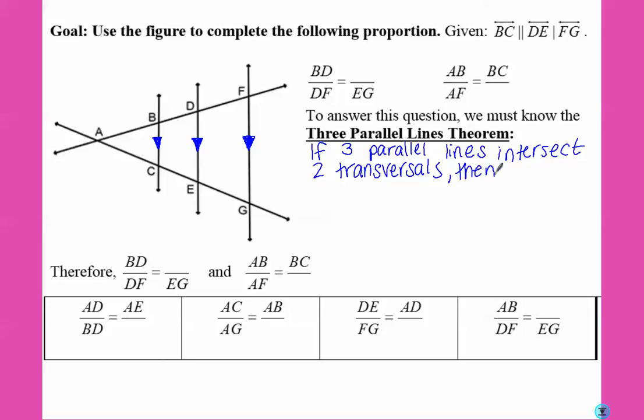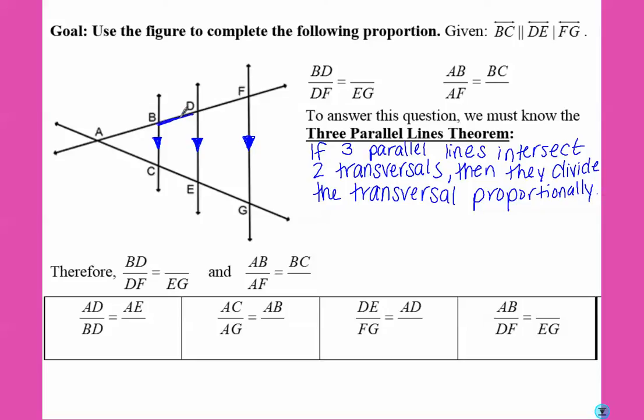then they divide the transversals proportionally. So if BD is over DF, is equal to something over EG.